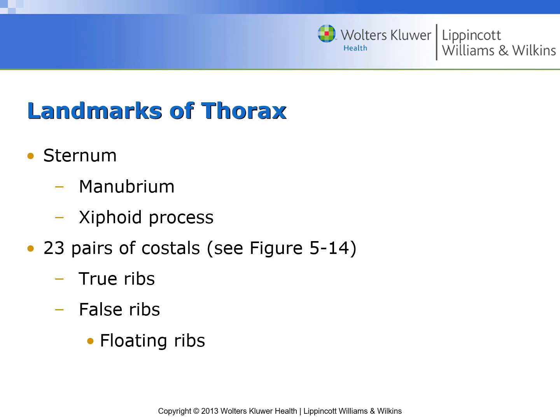And then we have the false ribs that do not connect directly to the sternum, but instead connect to the costal cartilage just above them. And then we have the last two of the false ribs, ribs 11 and 12. They do not connect to the cartilage above them, and therefore they are considered to be floating ribs.